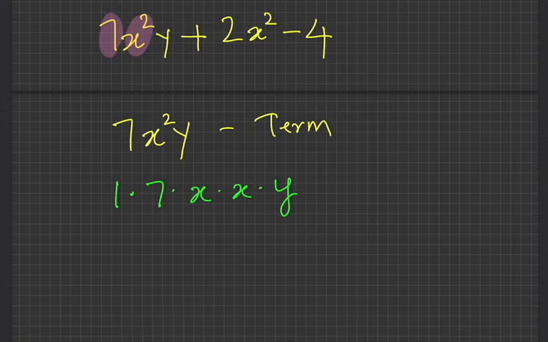When I multiply all these, I actually get 7x squared y. So we can say 7x squared y is a term, basically a product of 1, 7, x, and y.